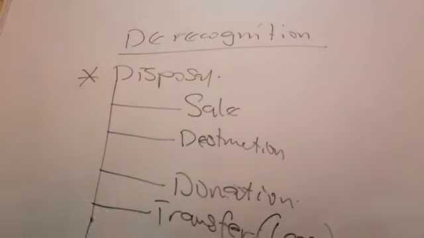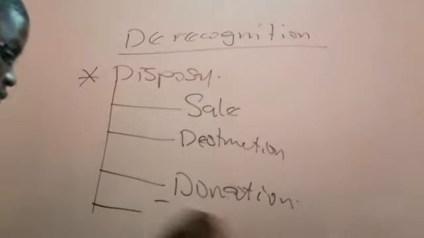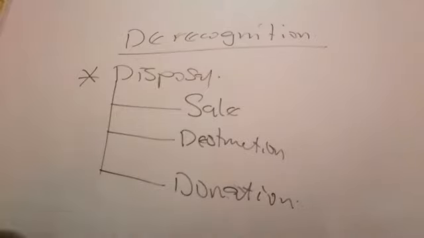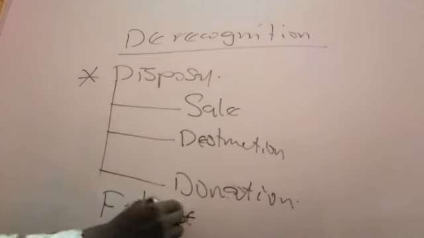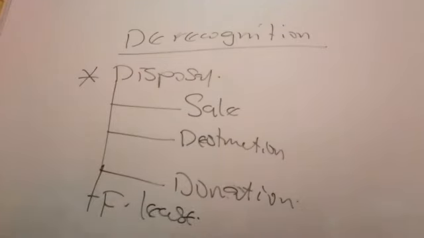You've leased the asset out to someone else to use. The asset must not be recognized in your books as PPE, especially if it's on finance lease. That one too can also cause a derecognition.